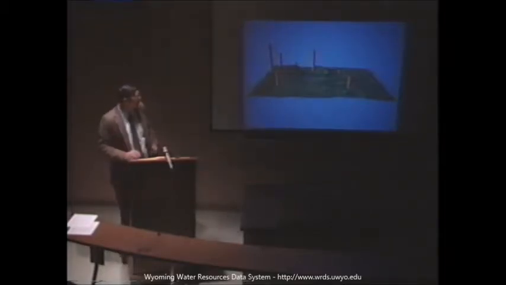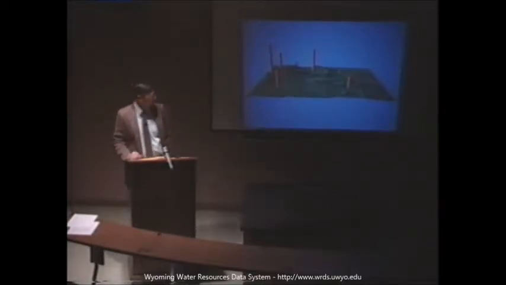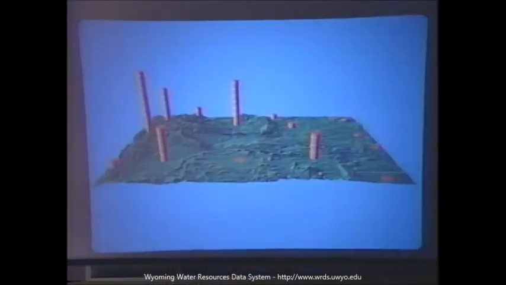We now enter a series of maps that show water data superimposed as a series of silos, I guess you'd call them. A silo for each of the major drainage basins. There's 18 such basins around the state. In this particular case, we're showing the total amount of water that would leave Wyoming under natural conditions if the people of Wyoming did not use any water. The height of these is proportional to the amount of water that would be leaving.